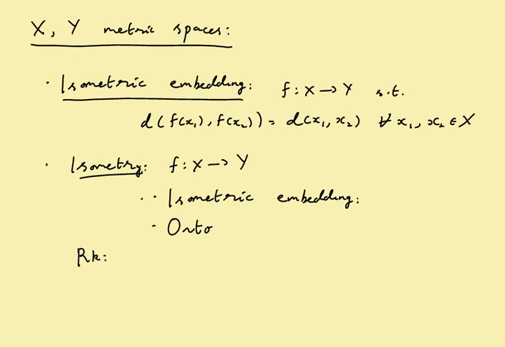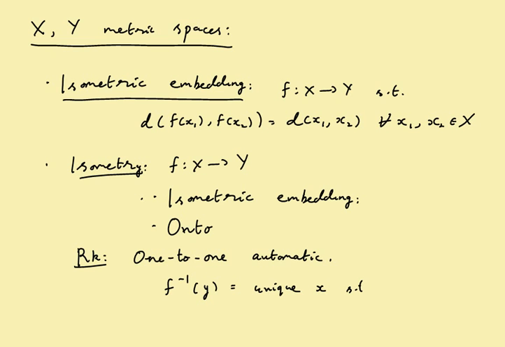A remark here is that one-to-one is automatic, and continuity or isometry of the inverse is also automatic. So an isometry is just a map which is an isometric embedding and also onto. This is enough, and we can define the inverse: f inverse of y is the unique x such that f of x equals y.